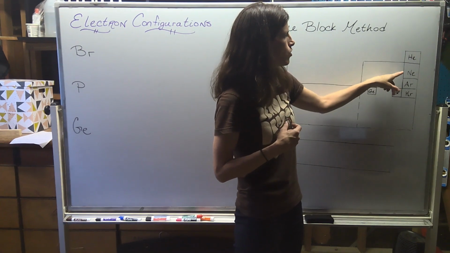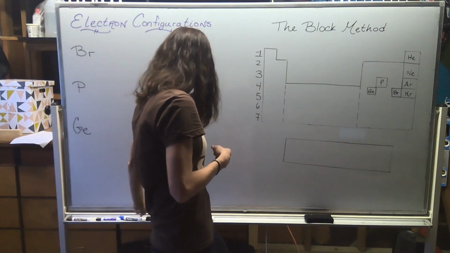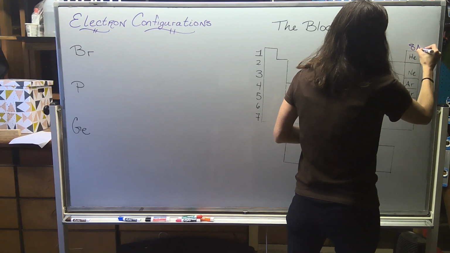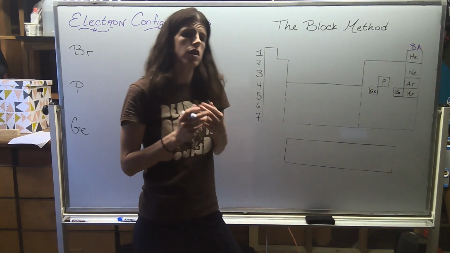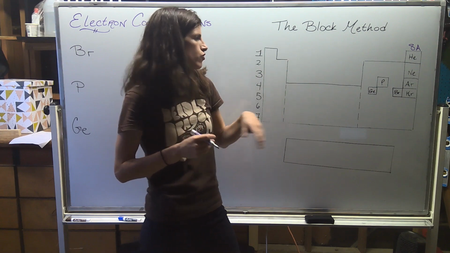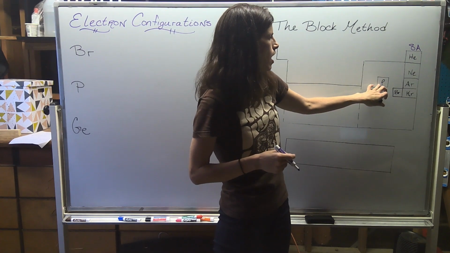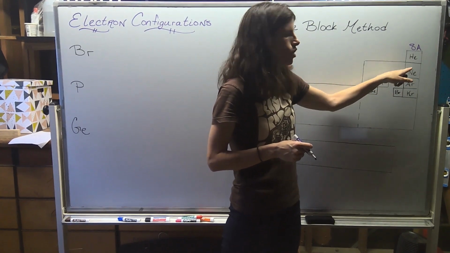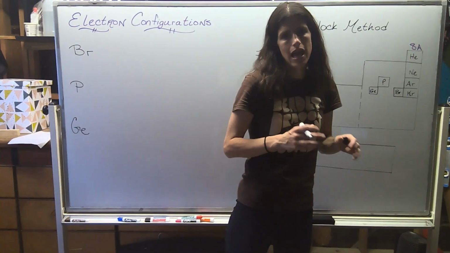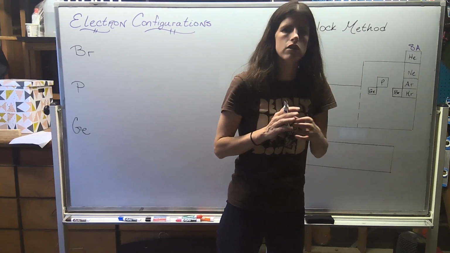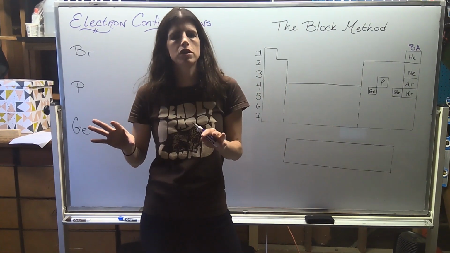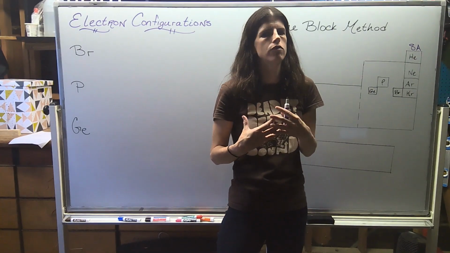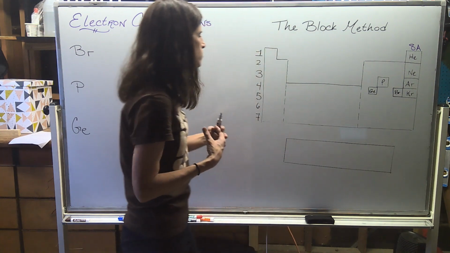You're going to pick the noble gas, so the group 8A element that's closest but smaller than the element of interest. So for phosphorus, the closest one, it may seem like it's argon, but it's not, because it has to be smaller. So I'm going to select neon as my abbreviation. And so that means every electron associated with neon is understood, and we just have to worry about the last handful of electrons when we're writing that electron configuration.